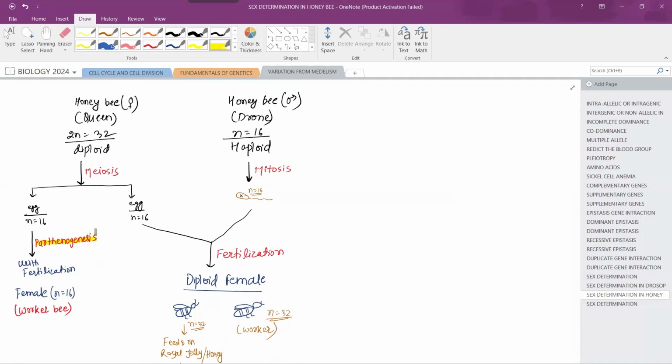Understood or not? Yeah. This one is not a worker bee, this is a drone. And this is male.